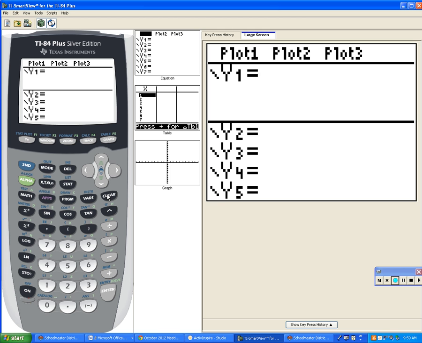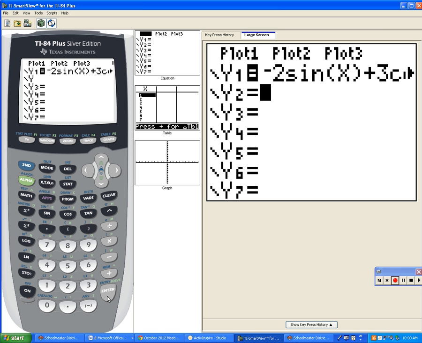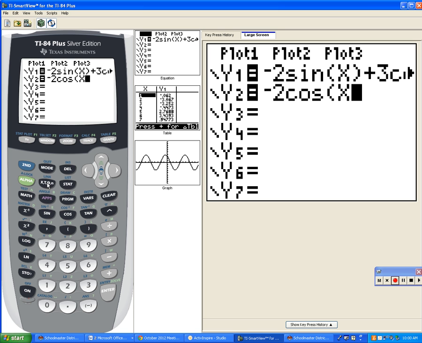Somebody tell me what the velocity one was? -2 sine of x plus 3 cosine of x. And what's the other one? -2 cosine of x minus 3 sine of x.